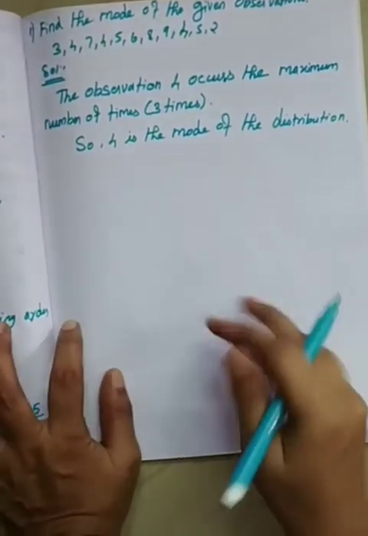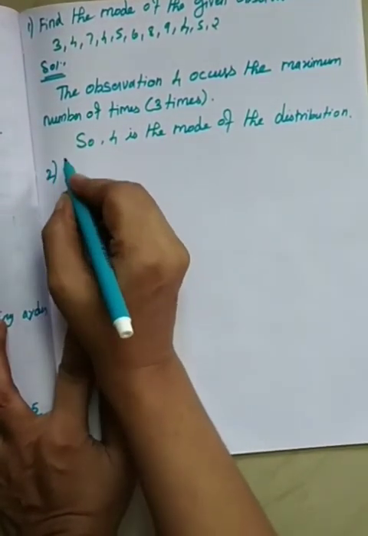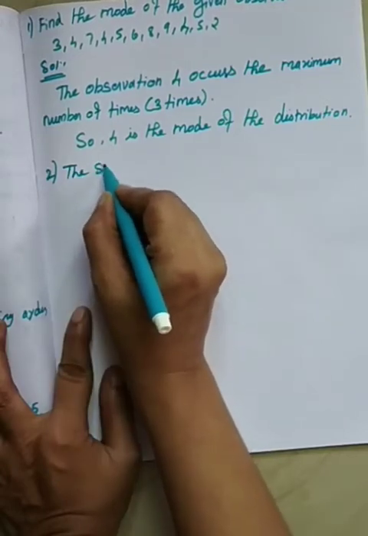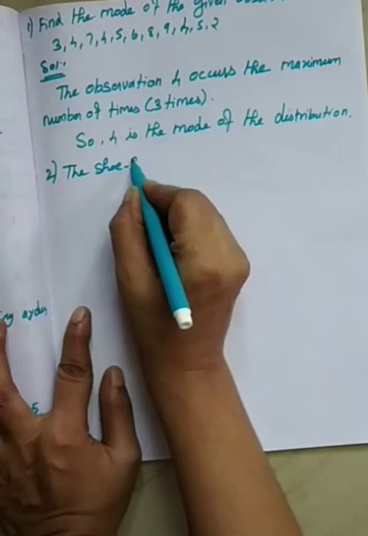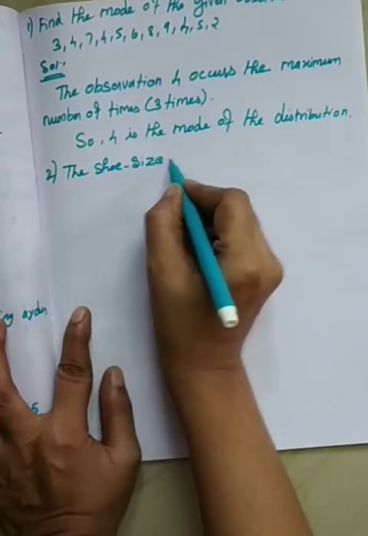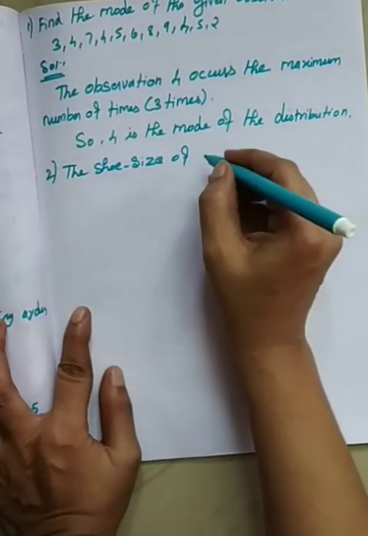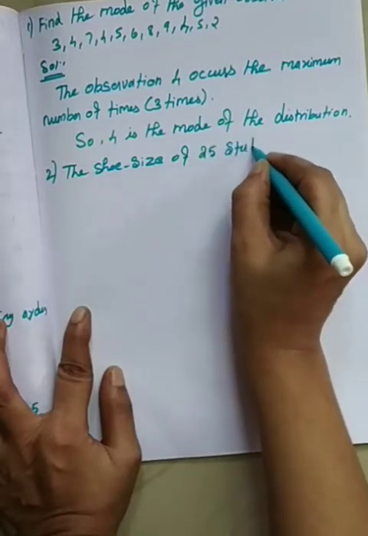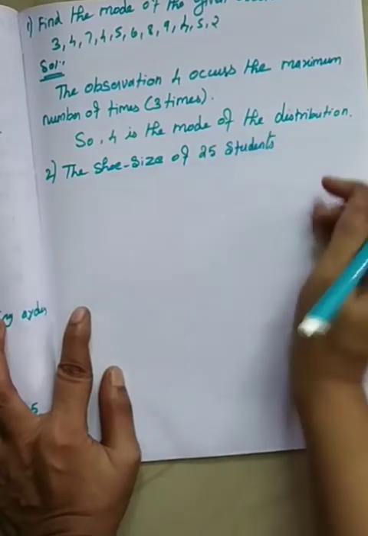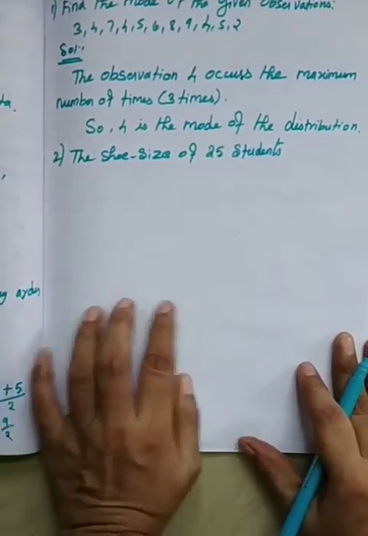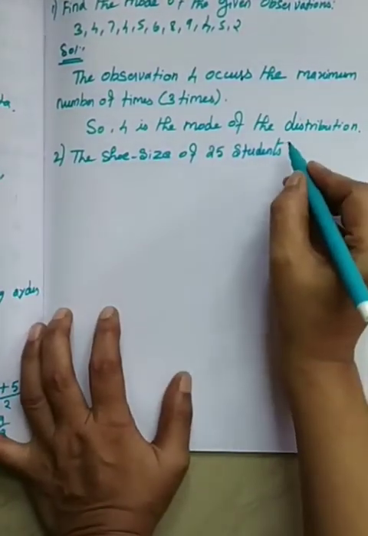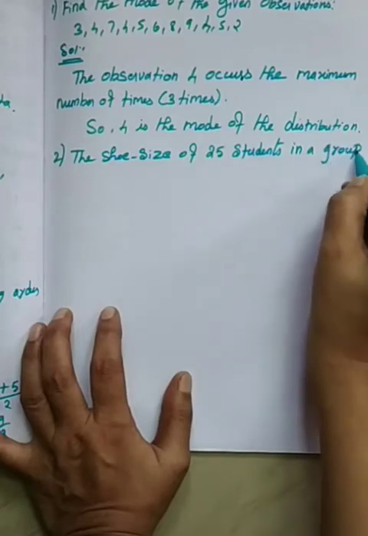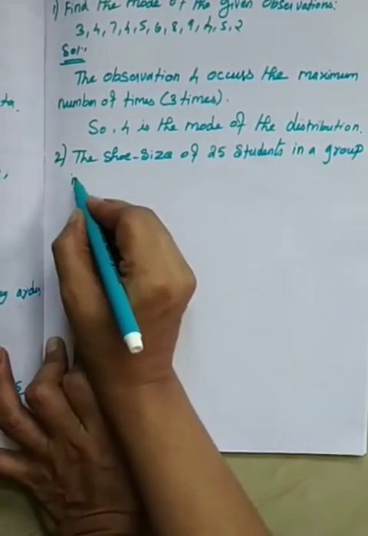See the next problem. The shoe sizes of 25 students in a group are given below.